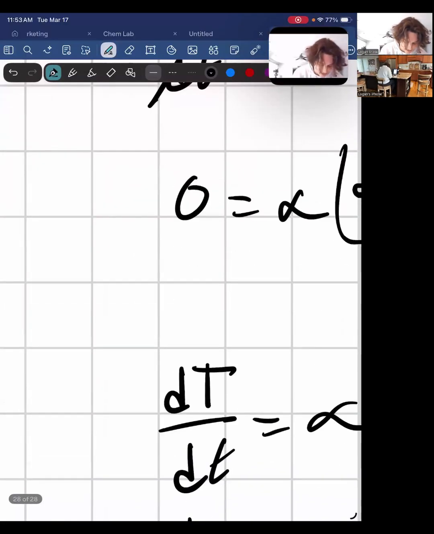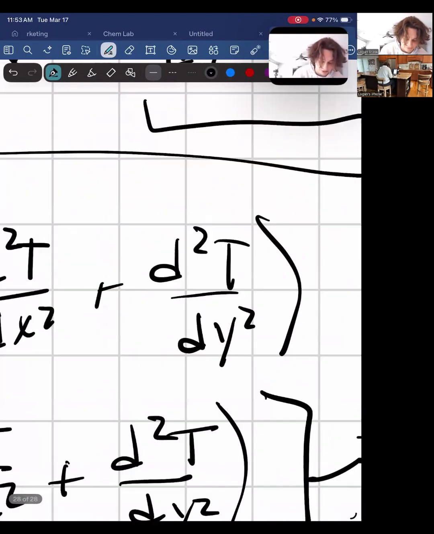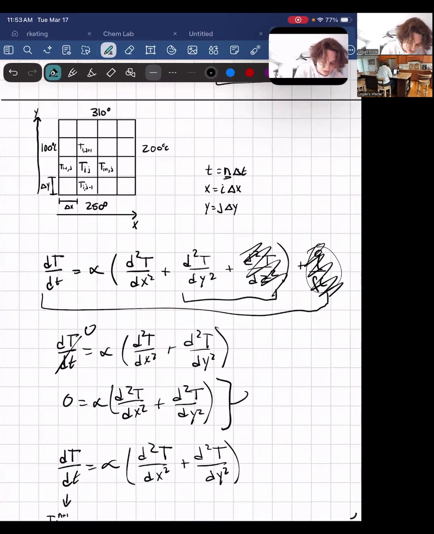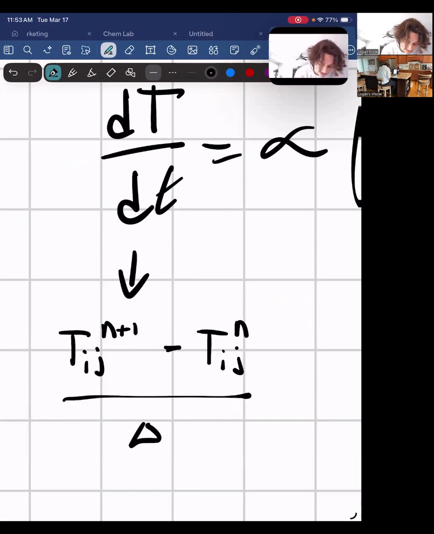How does it change with time, right? So we look at our n plus 1, right? That's our n from this equation here. That's any variation in time. And then minus our temperature at ij at n.